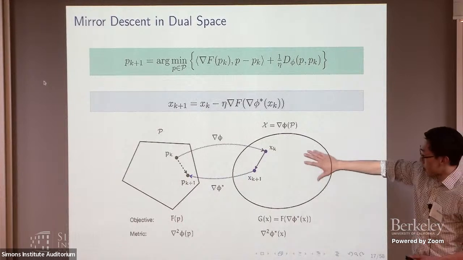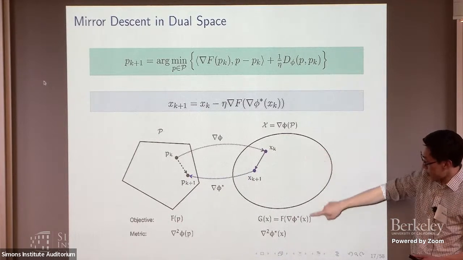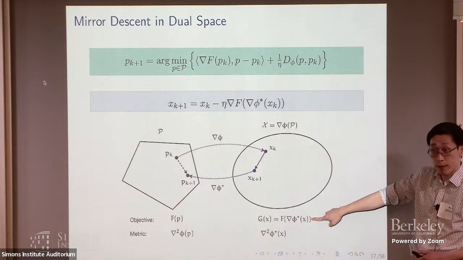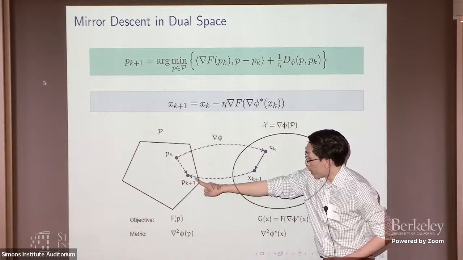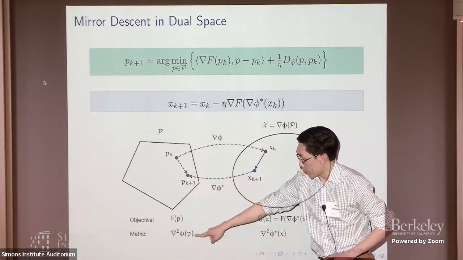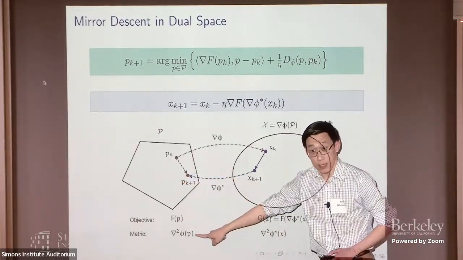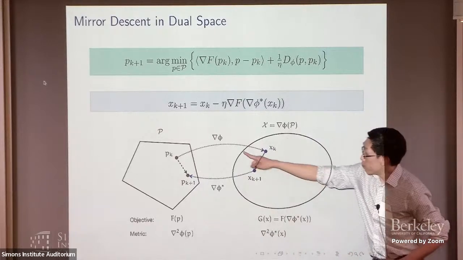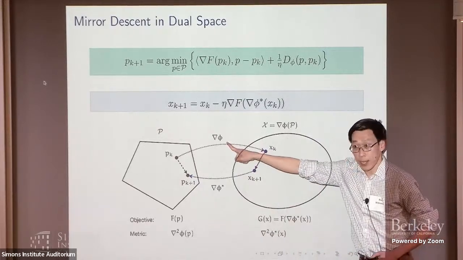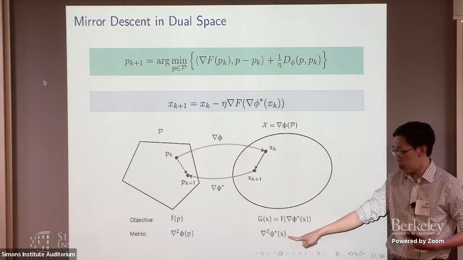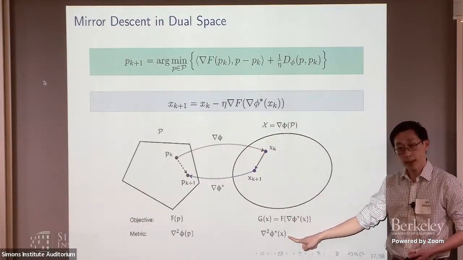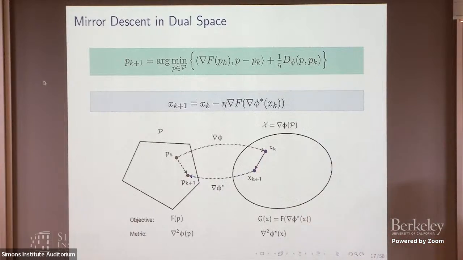When you push it to the dual space, your new function of interest is just a push forward function. Right? And working with Bregman divergence in the primal space really corresponds to using the Hessian metric defined by phi. When you push it by what's called the mirror map, in the dual space, your metric is given by the Hessian of the dual function. Right? So there is this very nice correspondence.